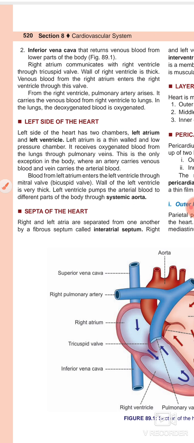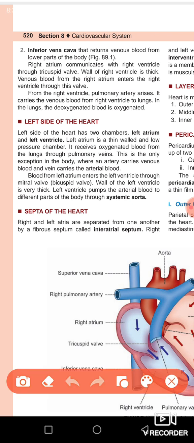A really important thing to mention in this chamber is that it contains oxygenated blood, means pure oxygenated blood is going to enter into this chamber.